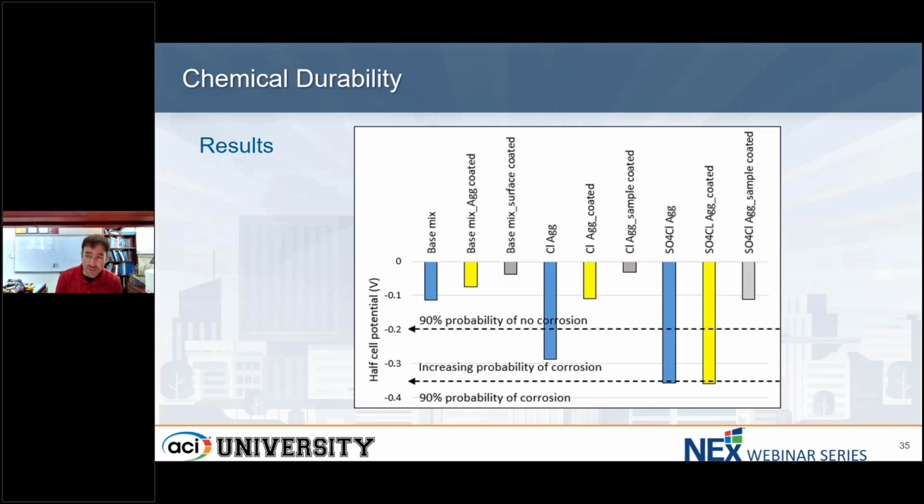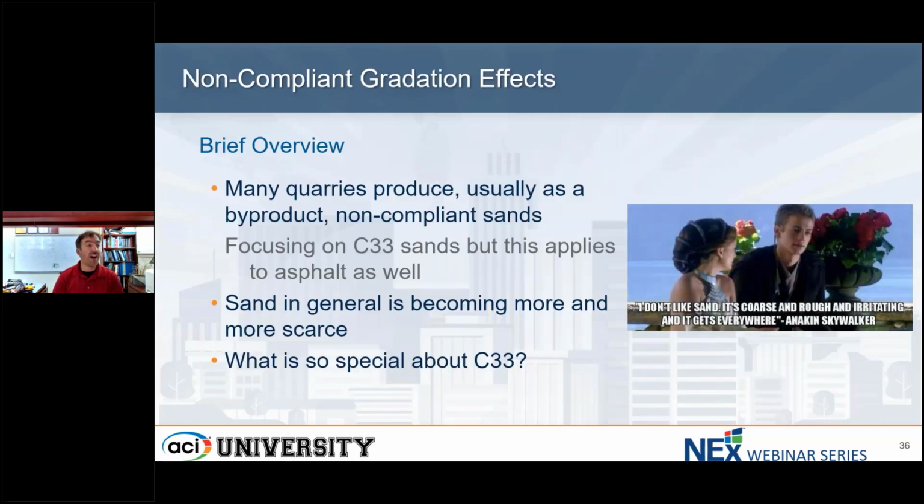This could help, especially with recycled concrete fines, where we know it's contaminated, but we maybe don't know with what, or we just don't know what level. Hey, why not just throw some silane on there as we're mixing it? Could be a solution. All right, last little chunk, running out of time.